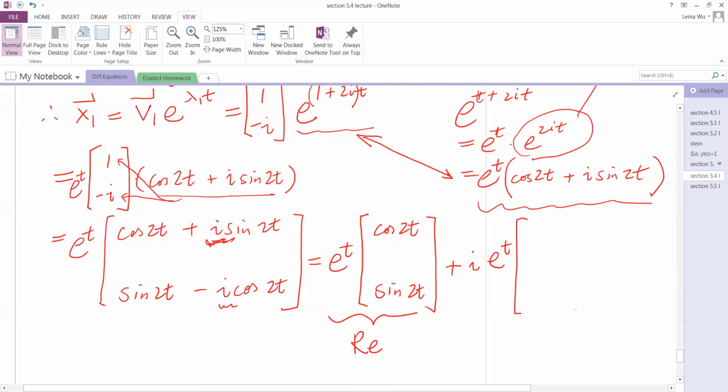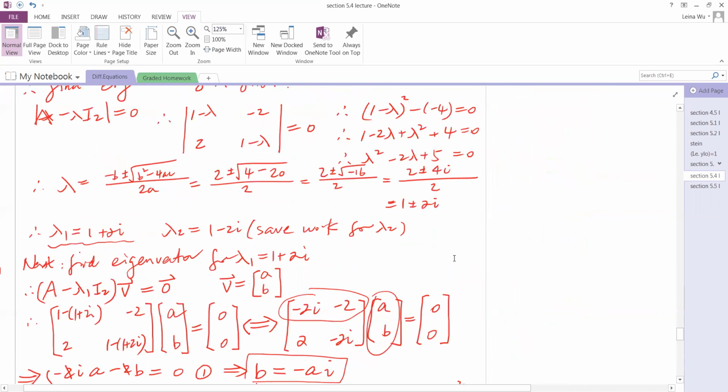What's left would be sine 2t and negative cosine 2t. Here would be the imaginary part. Is everything good? So this is the real part of x1. Here is the imaginary part of x1, right?